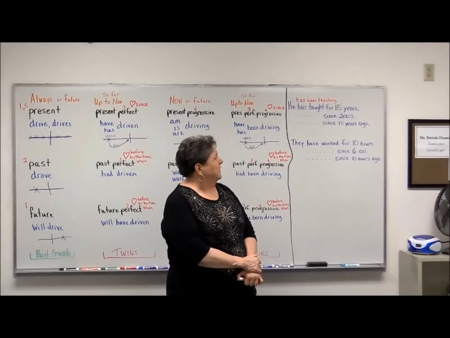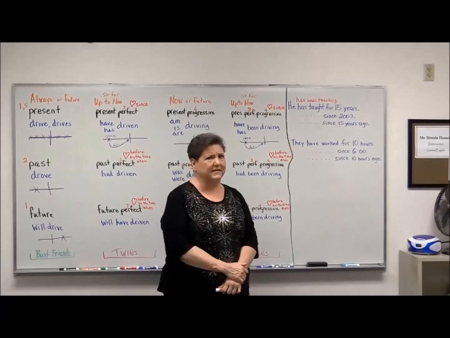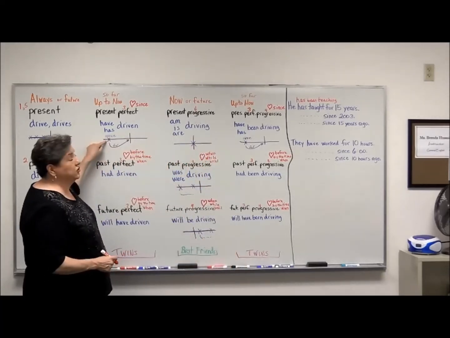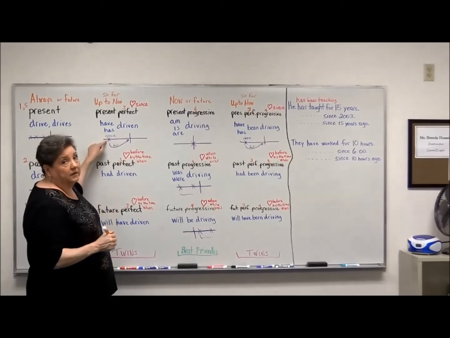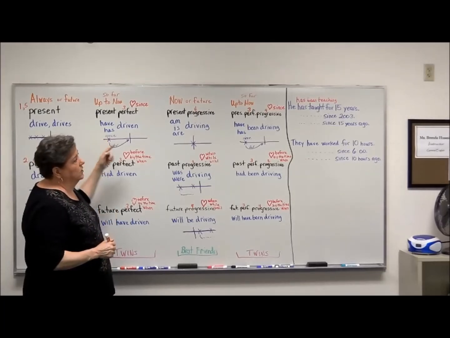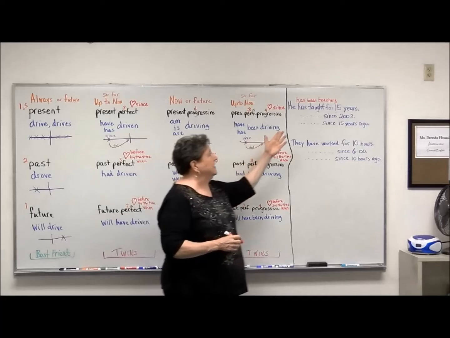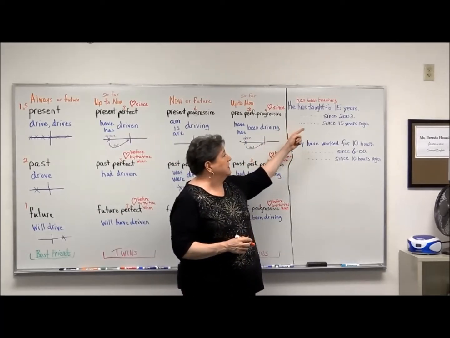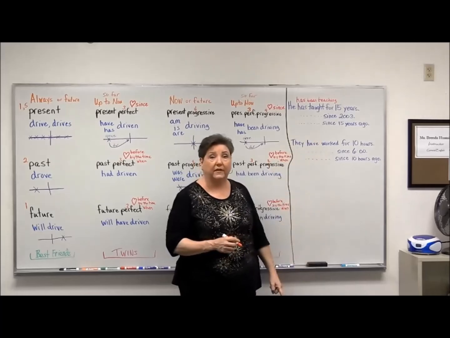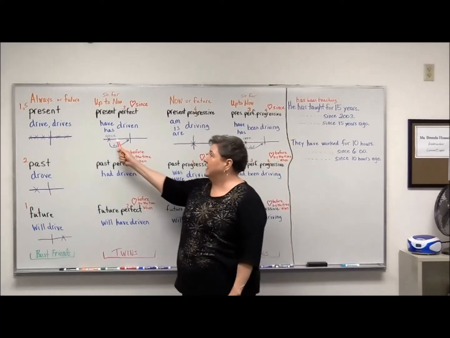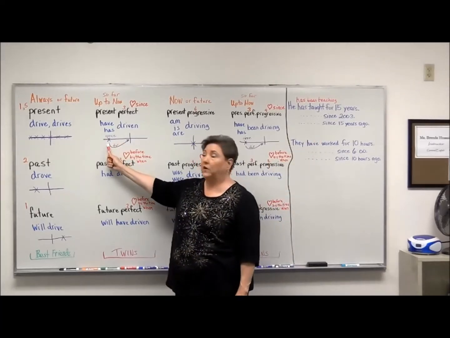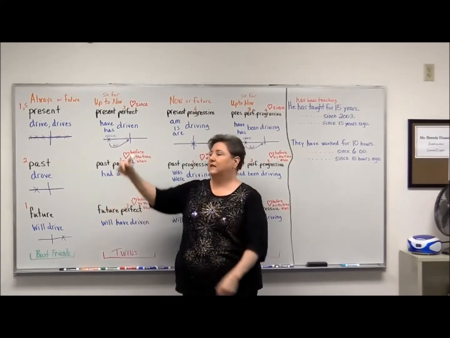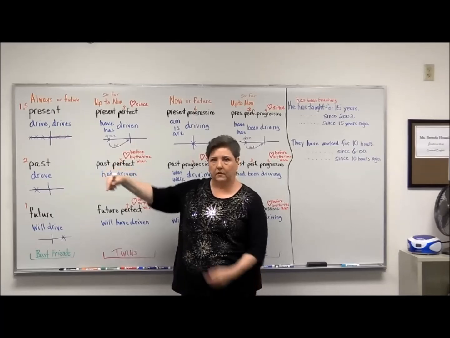Now, do you see where I wrote the word since? Since is used when we use the beginning point. The beginning point. So if he has been teaching for 15 years, then he has been teaching since 2003. So we use since at the beginning point. We use for when we say the amount of time. Since, beginning point.